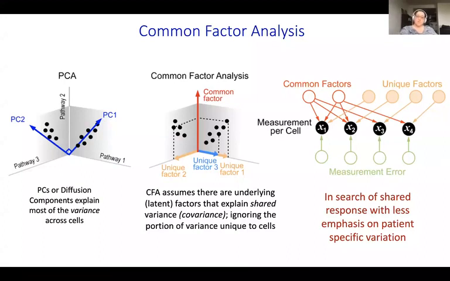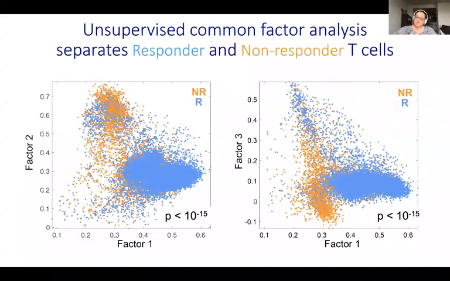And when you push your algorithm and say, hey, algorithm, what I want you to look for are these common factors that are shared across patients and shared across as many cells as possible, and that's what I want you to find, really putting less emphasis on specific patient variation, when that's what you ask from your algorithm, that's what you get.